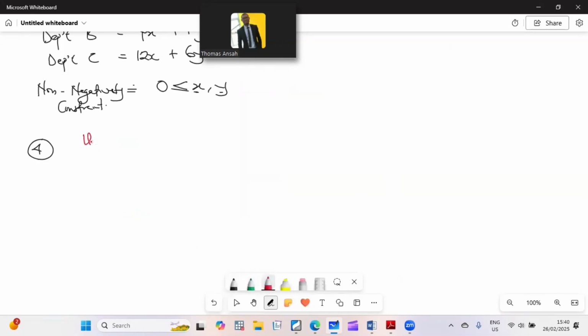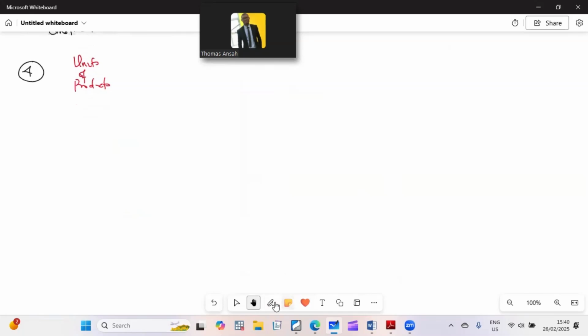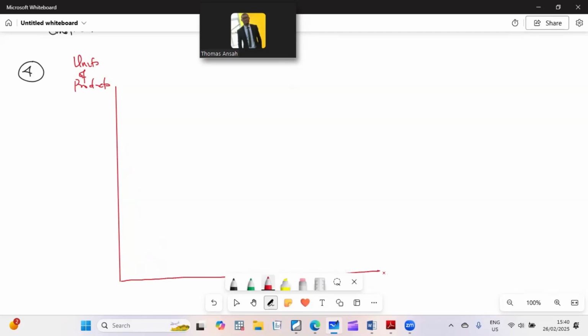On your graph, you have the X and Y axes, with units of products. So on the Y axis, units of product Y, and on the X axis, units of product X, starting from 0.